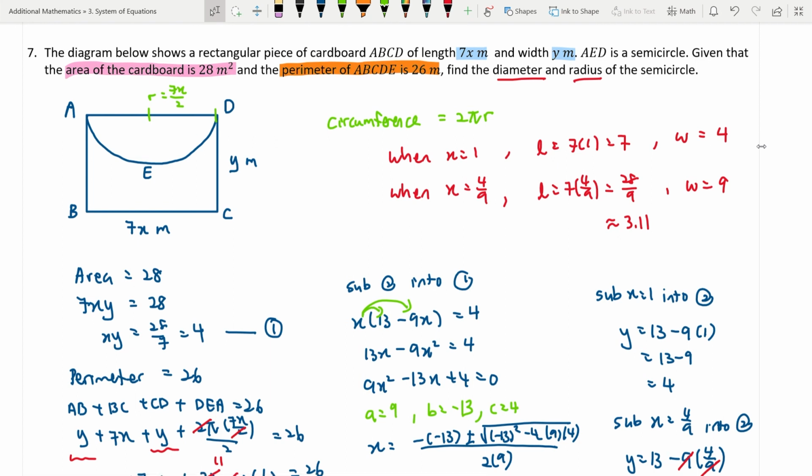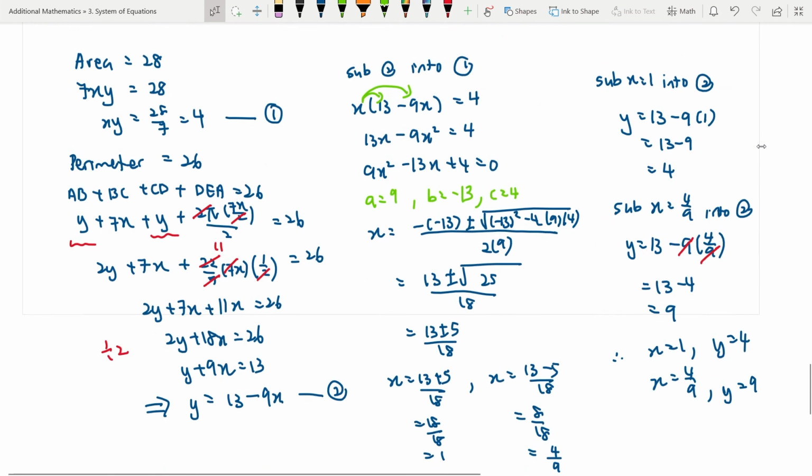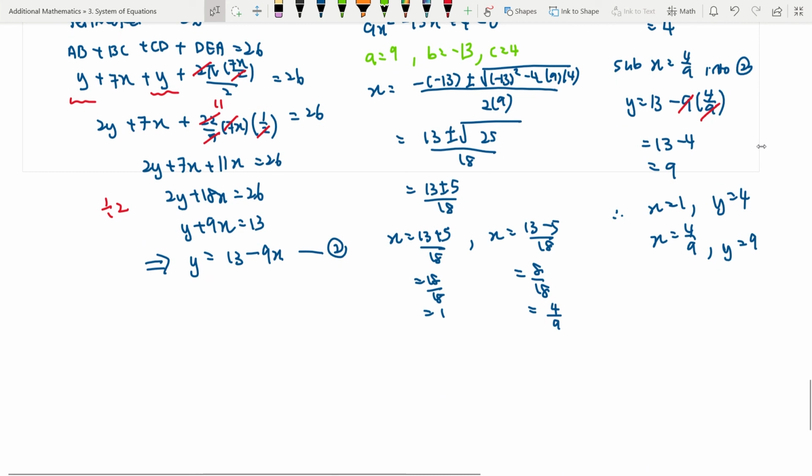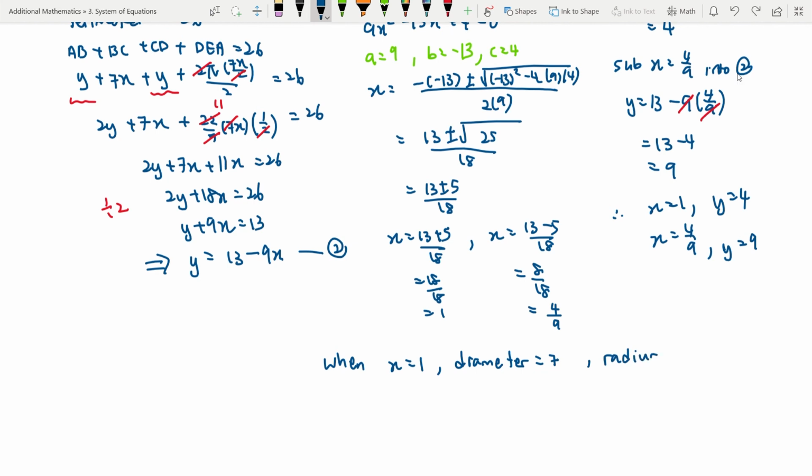However, the question is not asking for the values of x and y. They are asking for the diameter and the radius of the semicircle. The diameter will just be the length of the rectangle. When x equals 1, the diameter is equal to 7 and the radius is 7 over 2.